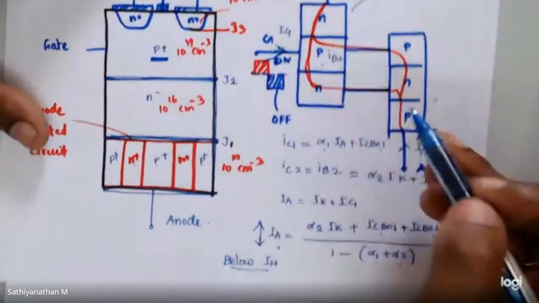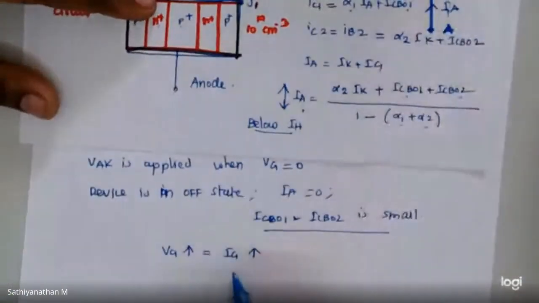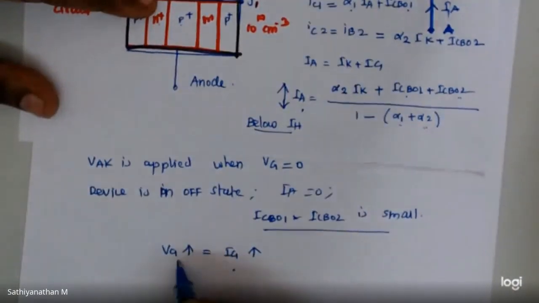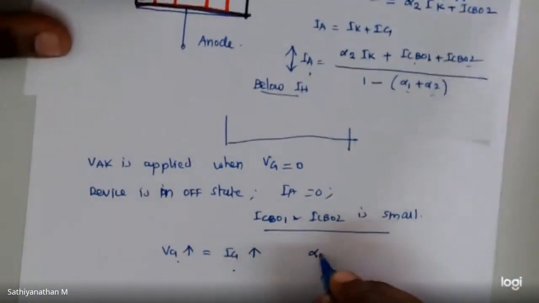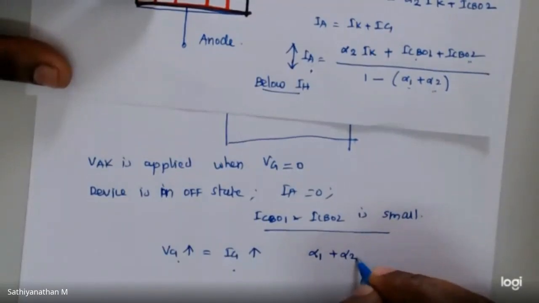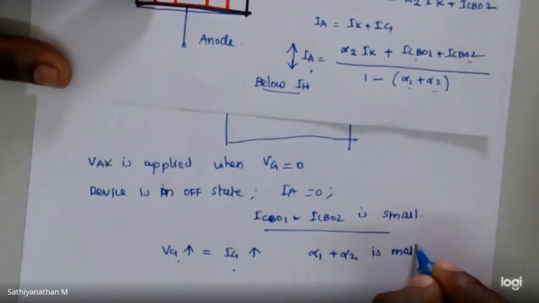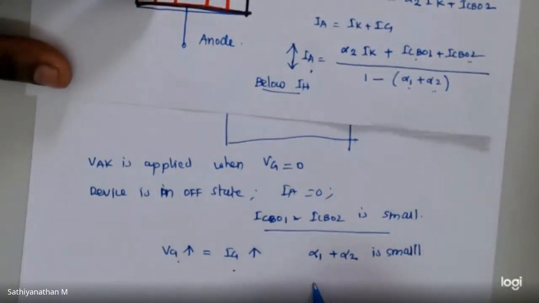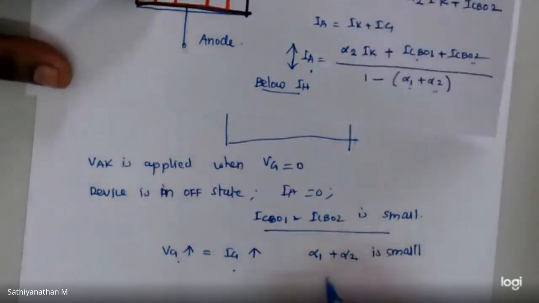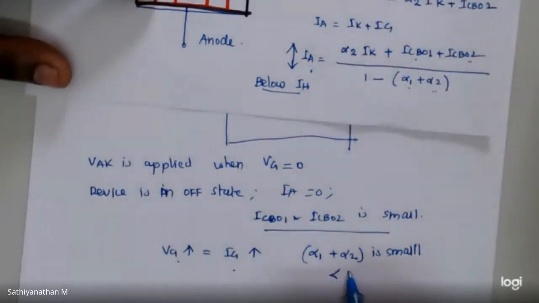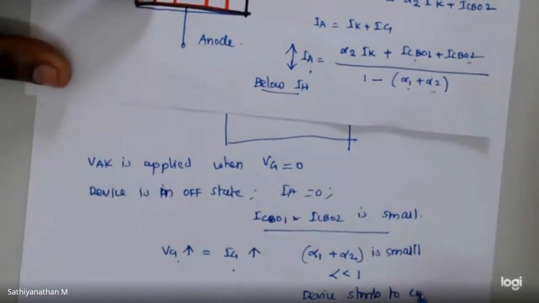So when you apply gate current using an external source, your alpha 1 plus alpha 2 value increases. If it is approximately equal to 1 or greater than 1, then the device starts to conduct.